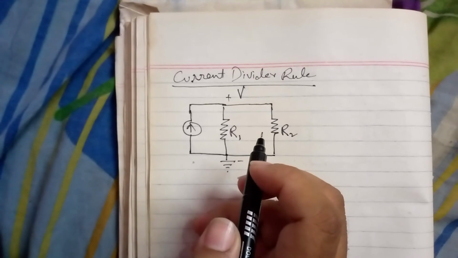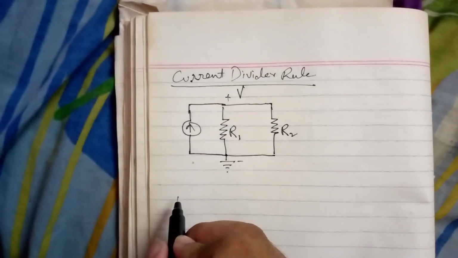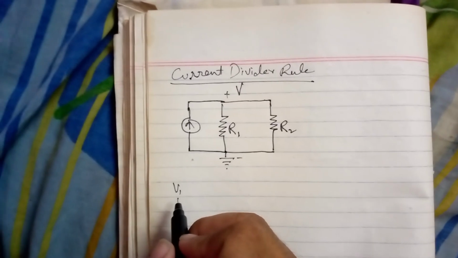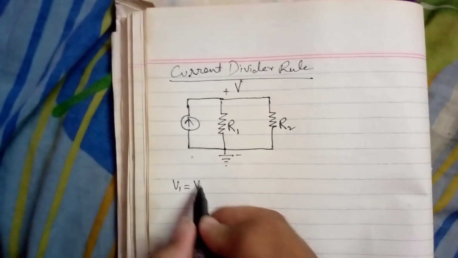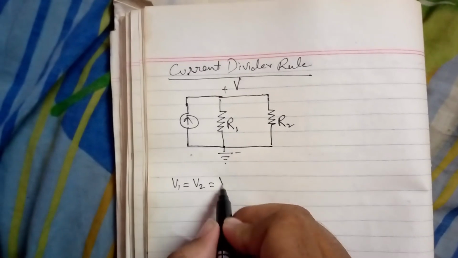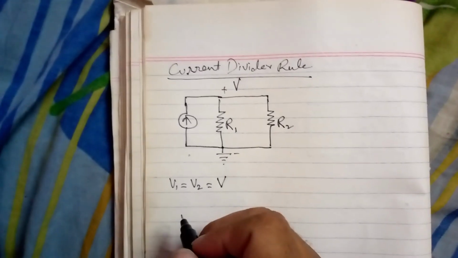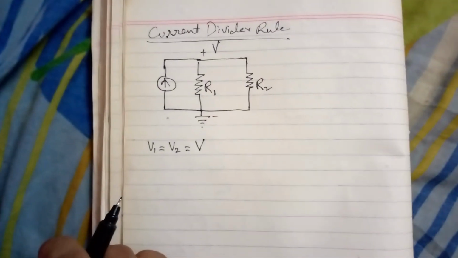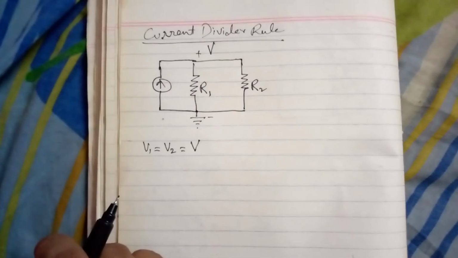If I say the voltage across R1 is V1 and voltage across R2 is V2, so V1 will be equal to V2 and these will be equal to V, because in parallel combination voltage is always same across all the elements.